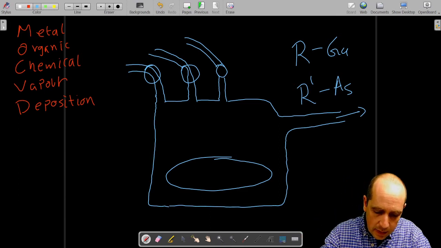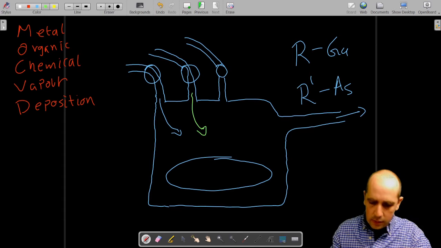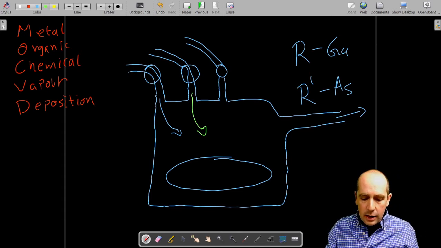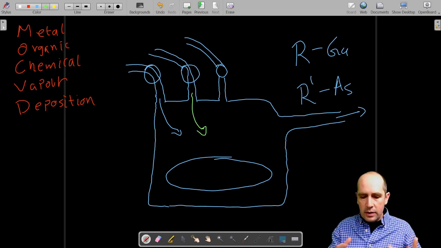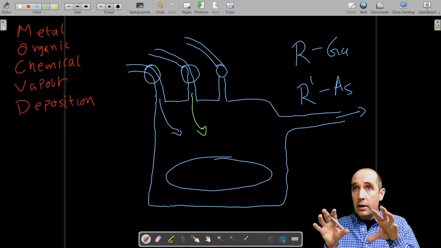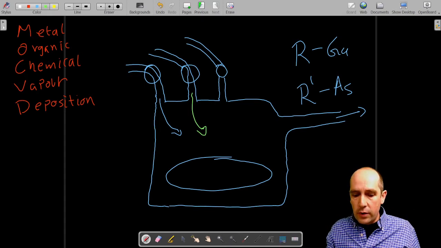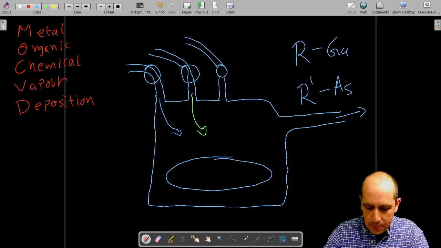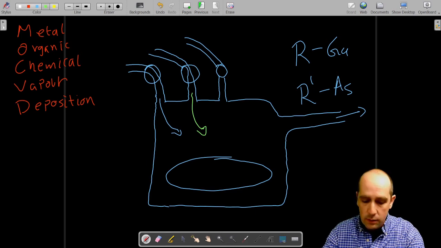So you let some of the gallium containing gas in here, some of the arsenic containing gas here, and these two gases tend to react, and basically the energy of the reactions is such that the organic radicals tend to bind together and leave the gallium and the arsenic atom free. And this usually happens, well, it's made in such a way that this reaction happens near the surface of the wafer.